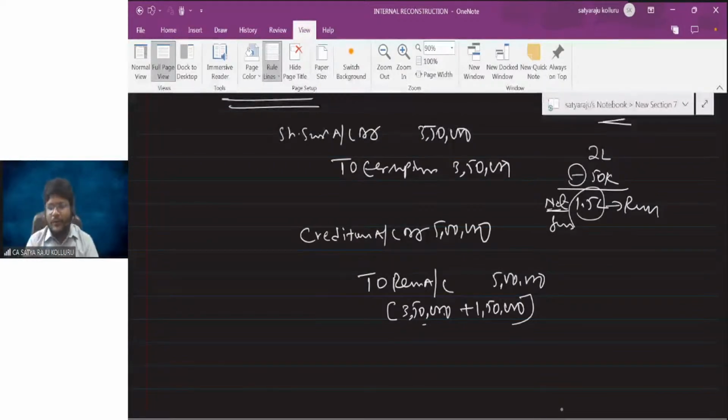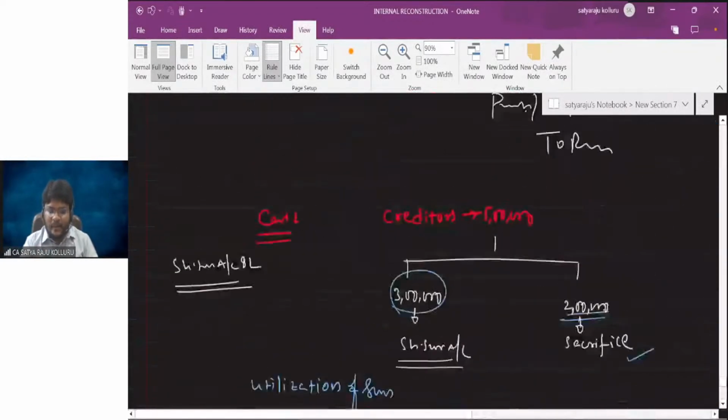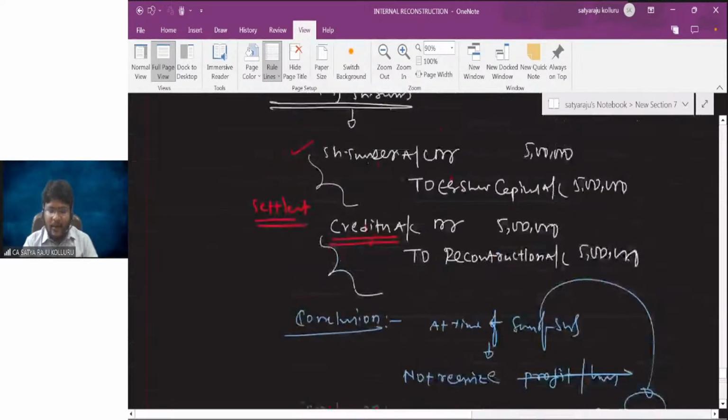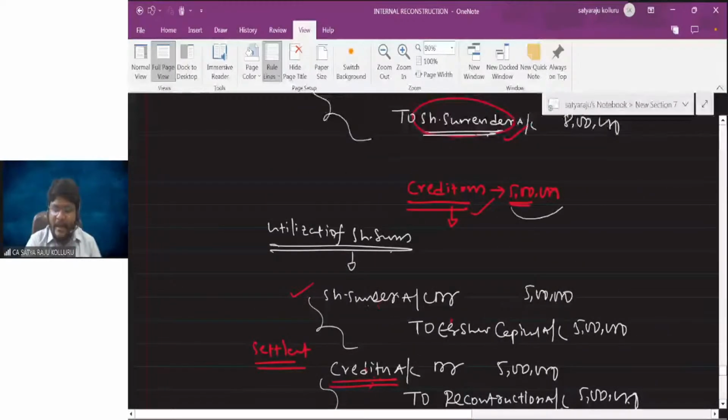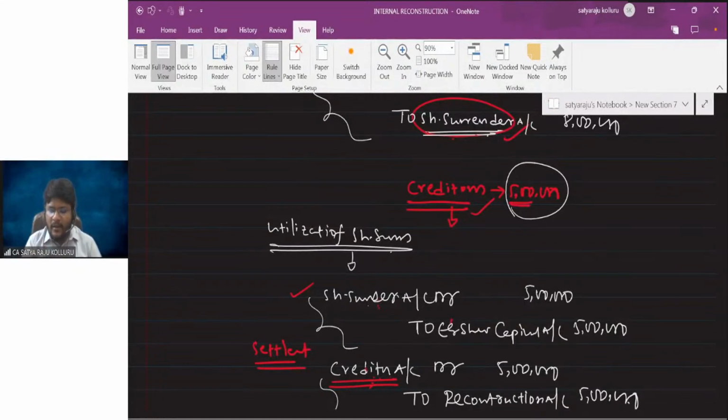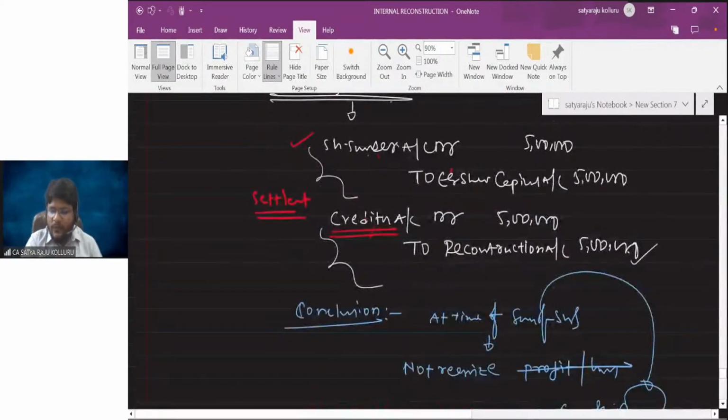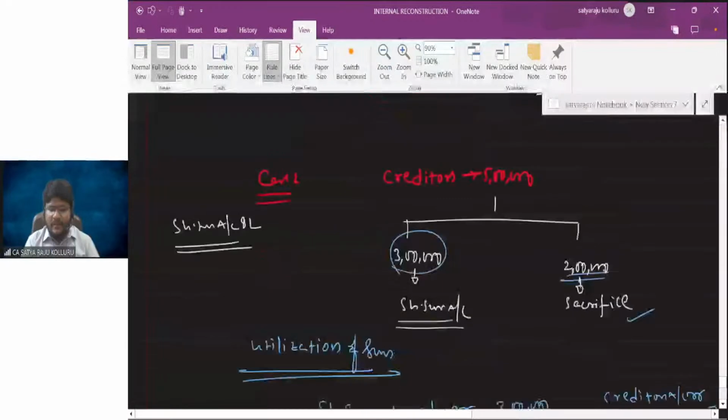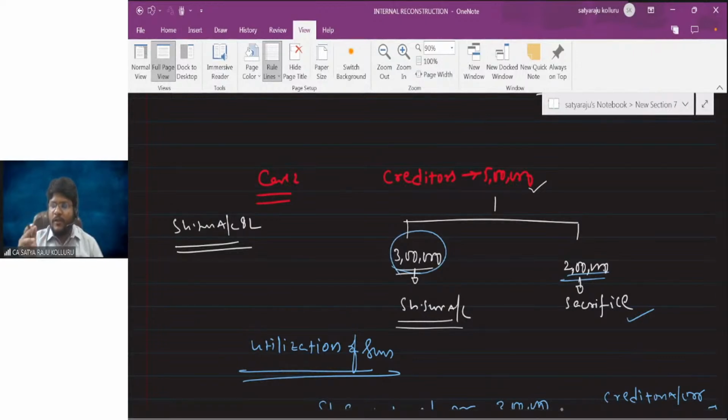Now, what's my conclusion from these 3 different cases? In case number 1, for the entire 5 lakhs, you paid out of share surrender, and you transferred 5 lakhs to reconstruction account. In the second case, out of 5 lakhs, 3 lakhs paid in the form of equity shares by utilization of share surrender, and the other 2 lakhs sacrificed.